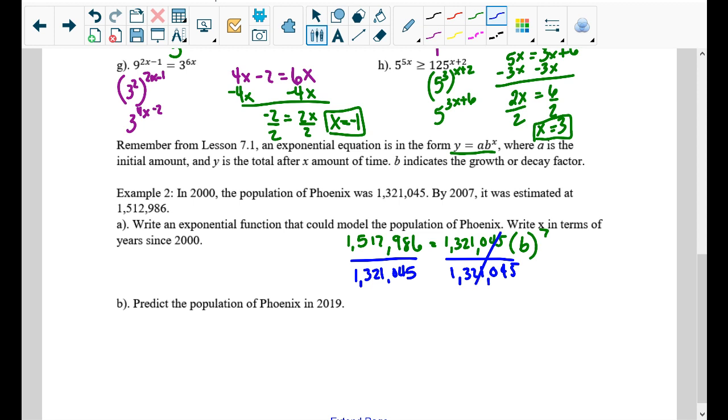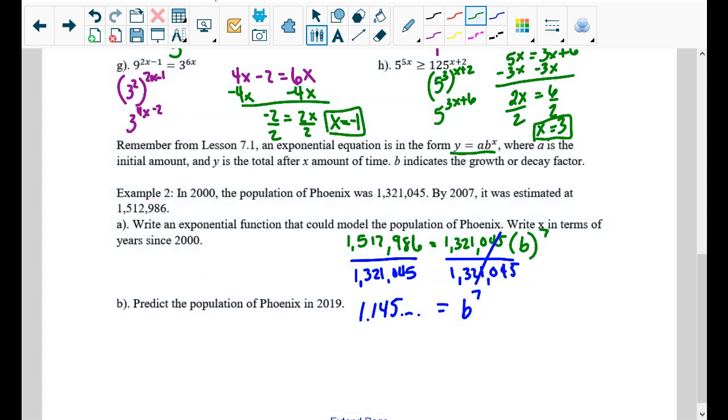1,321,045. So this just gives me 1 on that side. And when I simplify that down, this gives me 1.145, and it keeps on going. Big decimal here. And then, so that's going to equal B to the 7th power.